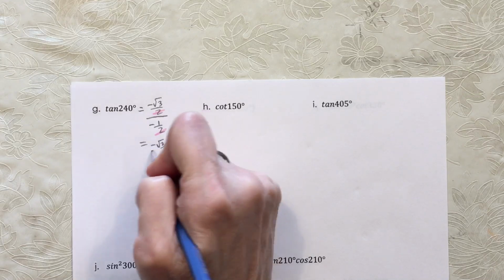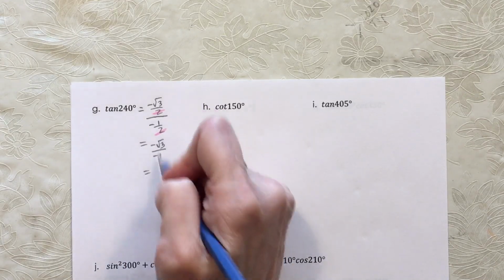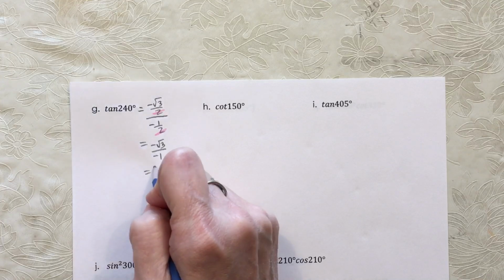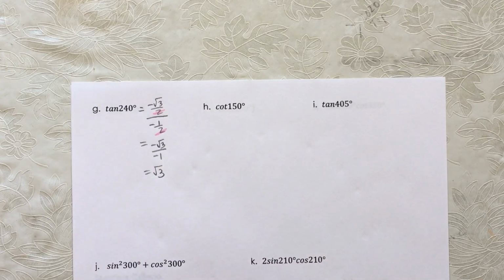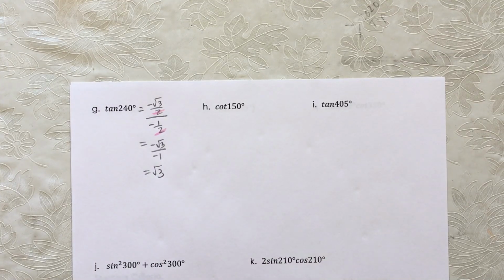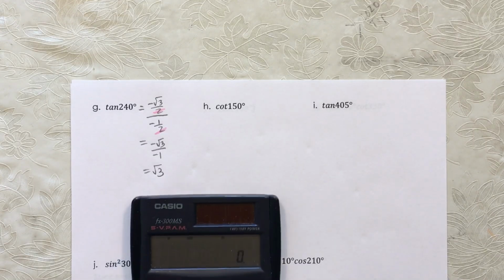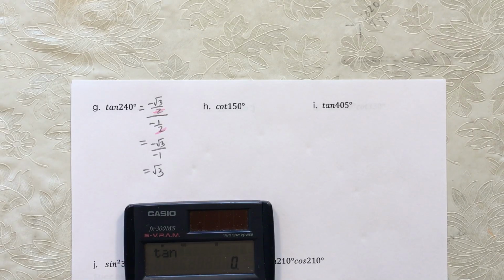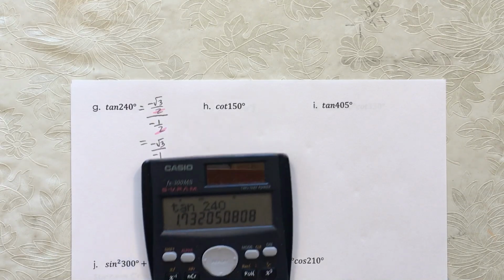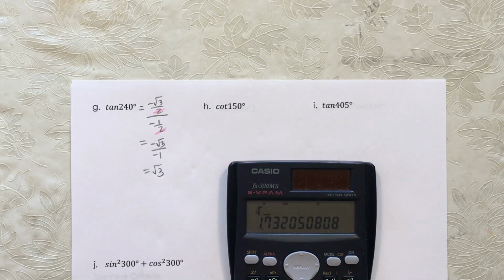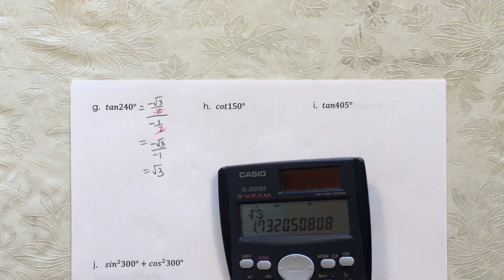Negative root 3 over negative 1. Negative divided by negative is a positive. So the answer is positive root 3. And if you can just go straight to positive root 3 by looking at the circle, that's fine. It's like having the circle memorized, being able to manipulate those values in your head. And then we can try it out on our calculator. So the tan of 240, 1.732, and then root 3, also 1.732.